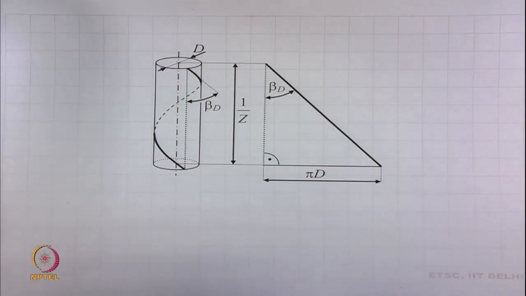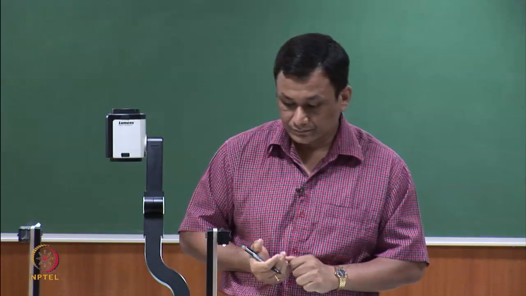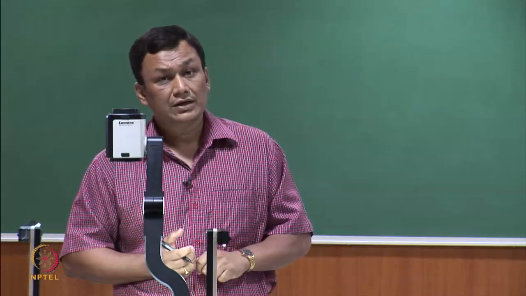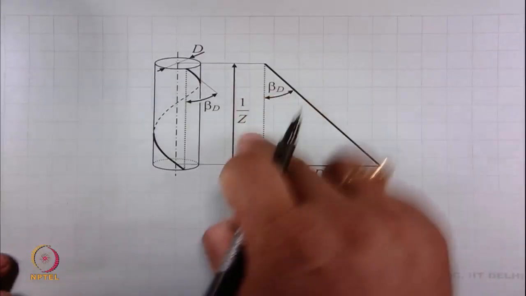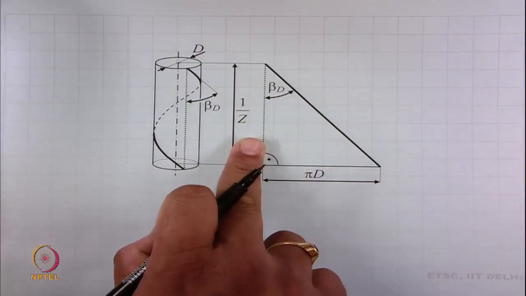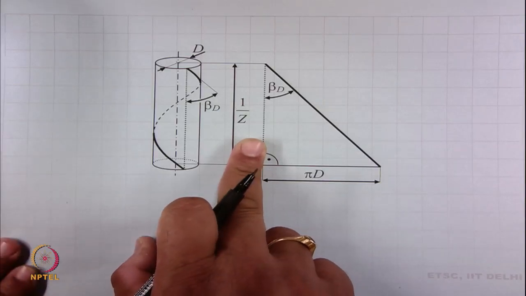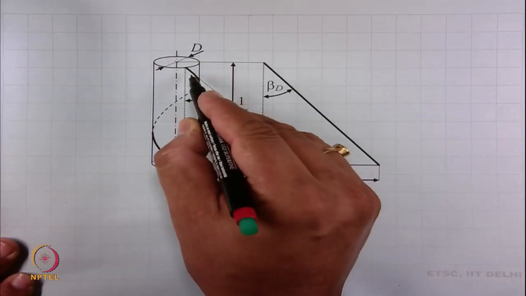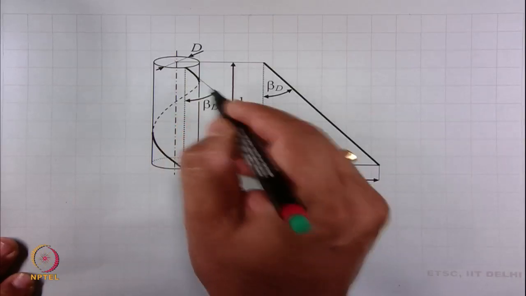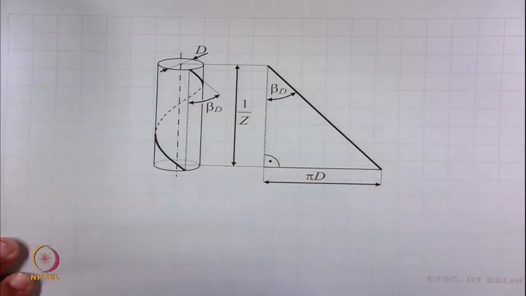The fiber starts from the surface, goes inside, then comes back to the surface. So, this is one coil. So, what is the length? Length is 1 by z, z is yarn twist, right. There is one more piece of information, that this surface fiber makes an angle beta d from the yarn axis.